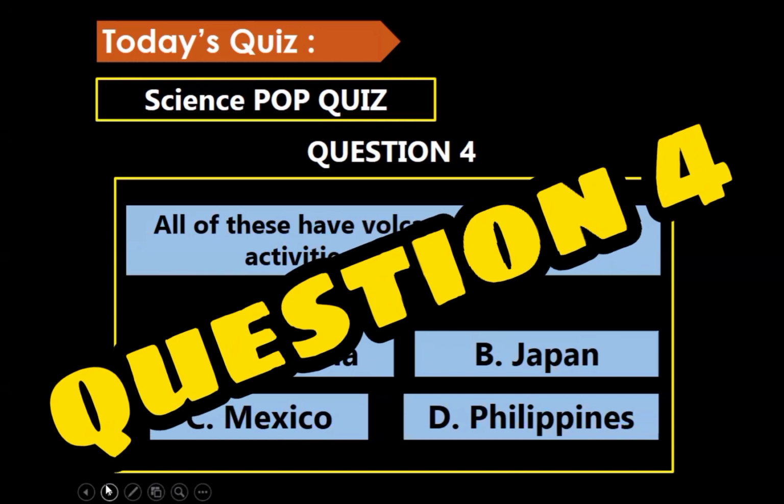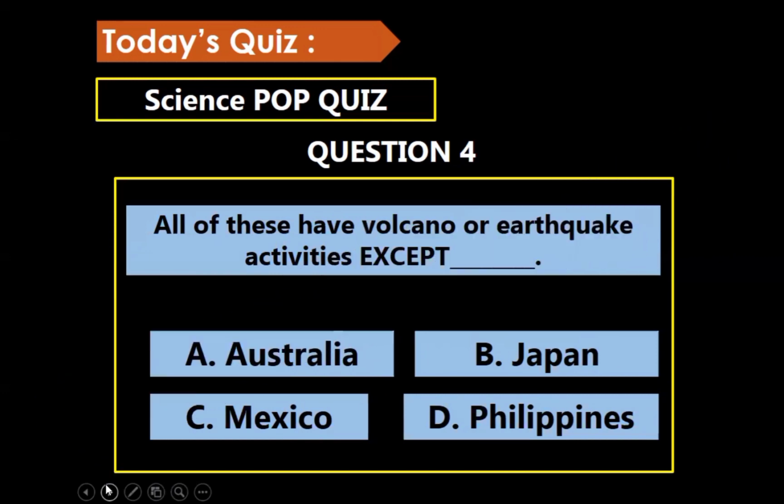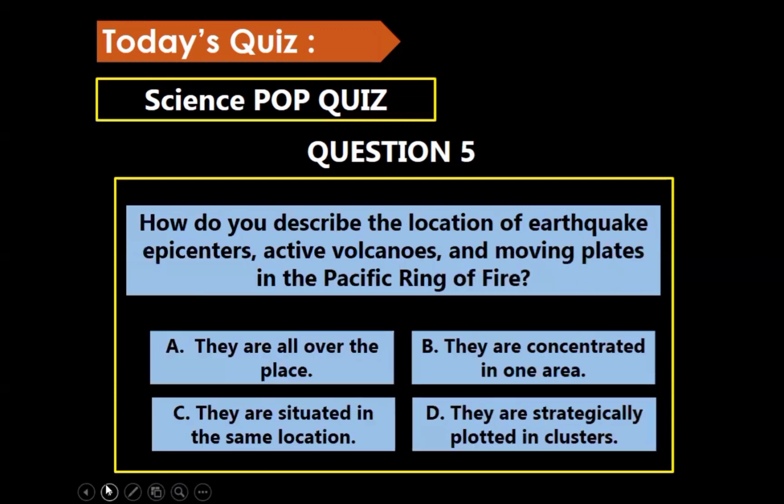Question number 4. All of these have volcano or earthquake activities except blank. A. Australia, B. Japan, C. Mexico, D. Philippines. The correct answer is letter A, Australia.